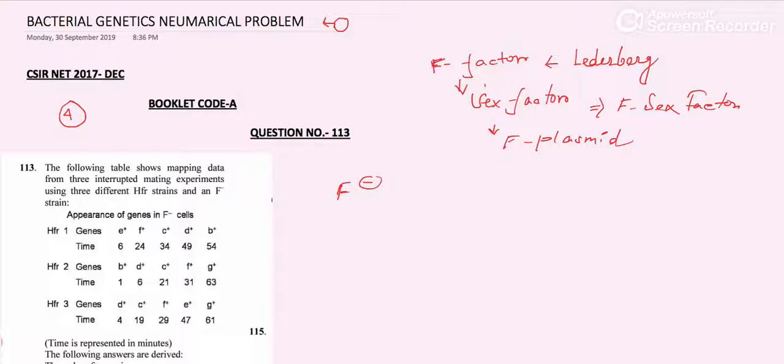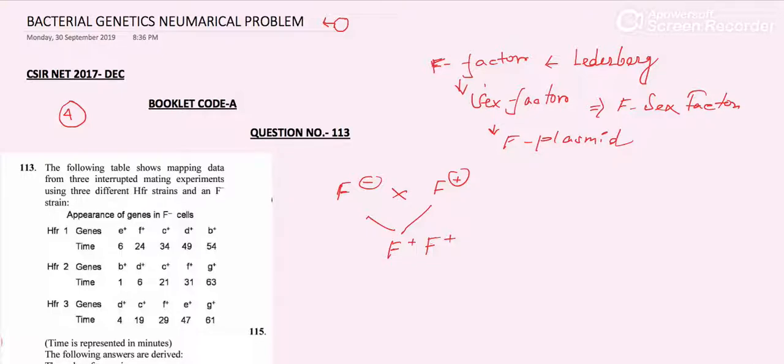When an F plus conjugate meets an F minus conjugate, the result is two F plus conjugates.